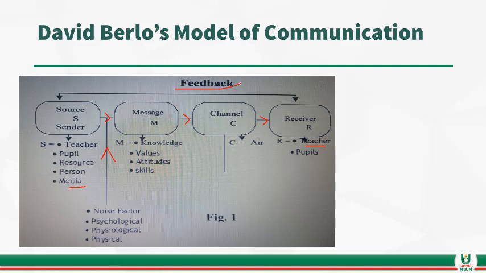In the classroom, most of the time the teacher asks questions in order to know the level at which the instruction has taken place. So we set exams, we use continuous assessment to ensure that the instructional content the teacher has been delivering to the student is actually achieved. So this is the feedback.